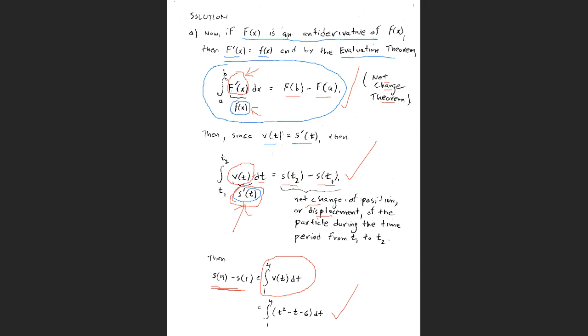And now it's just a matter of computing the antiderivative of t squared minus t minus 6.